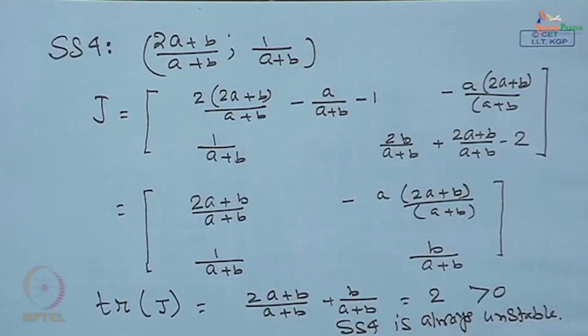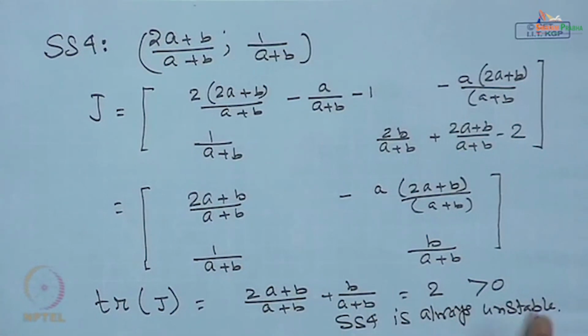So, therefore, this way we can evaluate, and that completes this problem. This problem demonstrates how the various steady states of a particular problem can be evaluated and checked for stability, and also we can look into the combination of the parameters for which the steady state becomes stable or unstable.